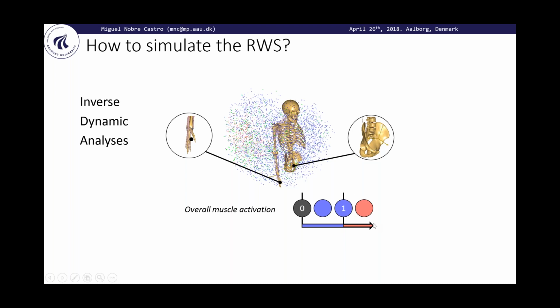However, if we get postures in which the overall muscle activation is greater than 1, that means that the muscles need to do more than what they're capable of, and of course that physiologically doesn't have any meaning. Therefore, we define those as red points, and we take them out, and we don't take them into account for drawing a reachable workspace.